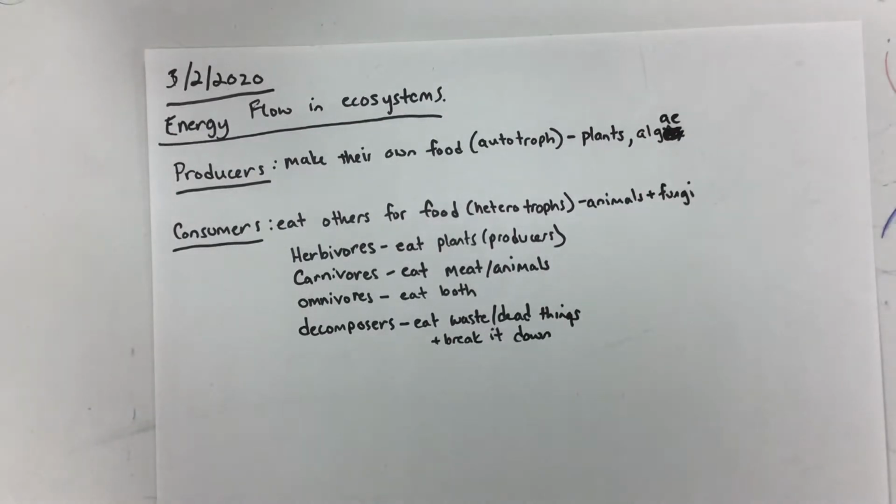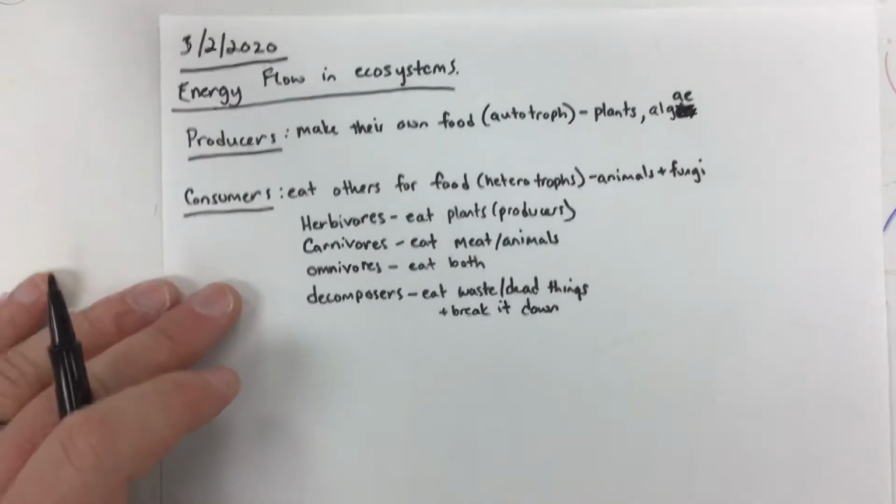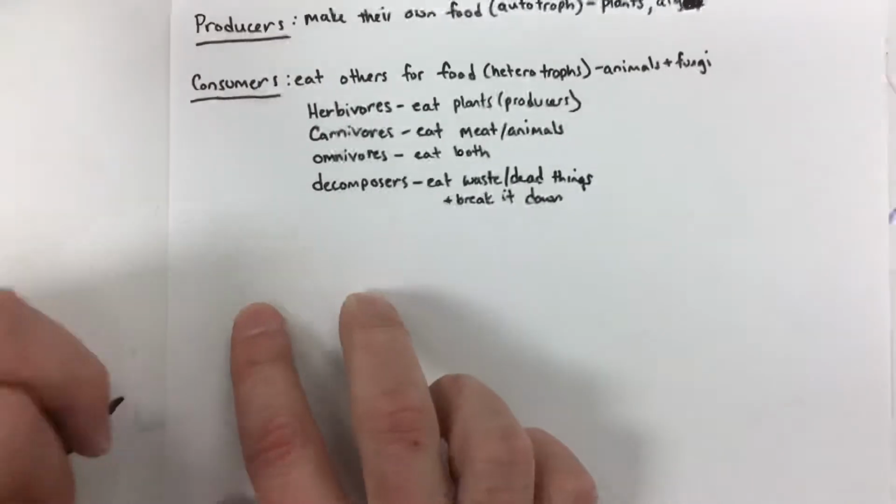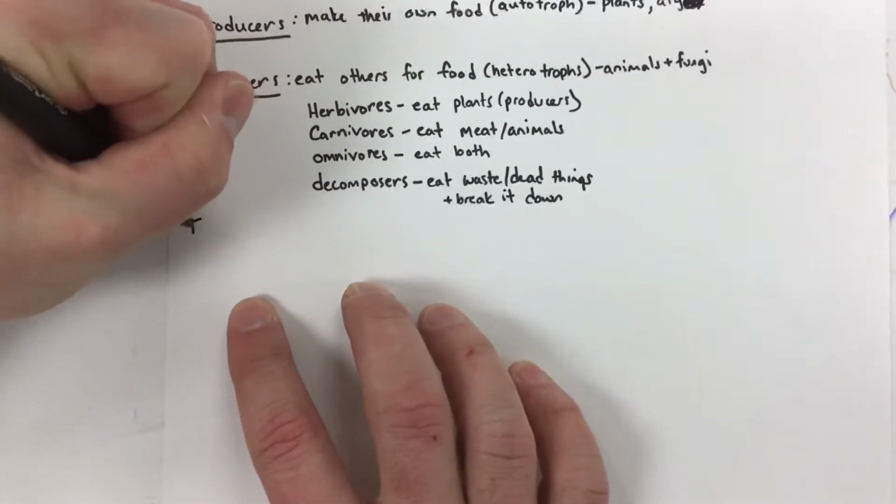Jock itch and athlete's foot are also both examples of decomposers on your skin, multiplying to the point in which they're causing injury while you're still alive. They're decomposing you while you're still alive. All right. Next part is a food chain.